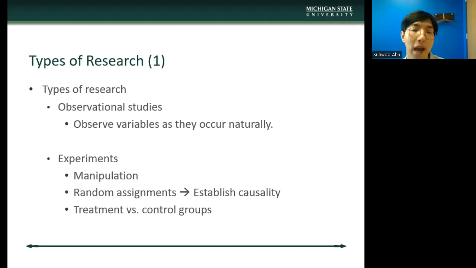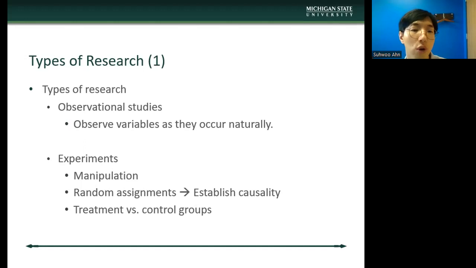Through this random assignment, we can remove the threat of confounding variables, which is one criterion to establish a causal relationship. And also in experiments, participants are randomly assigned into groups like the treatment group and the control group. The treatment group, also called the experimental group, receives a treatment whose effect the researchers are interested in.